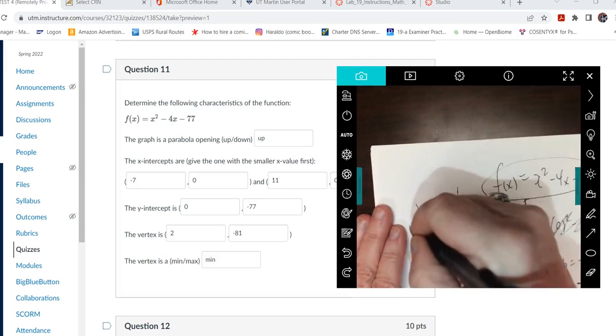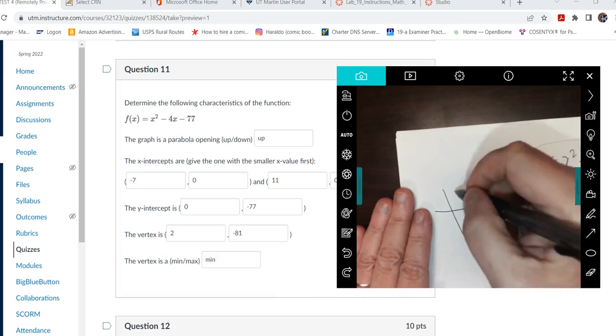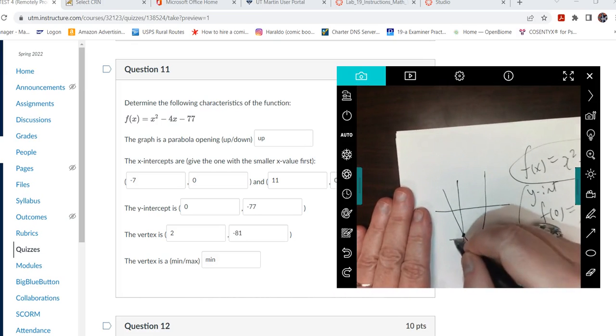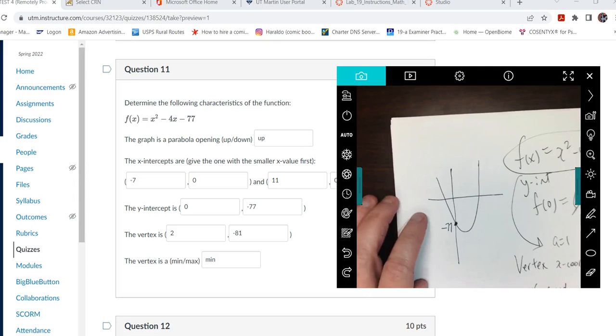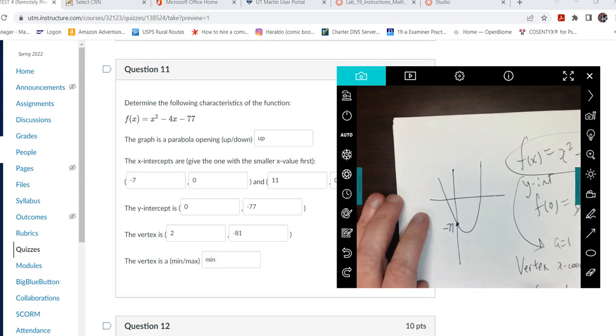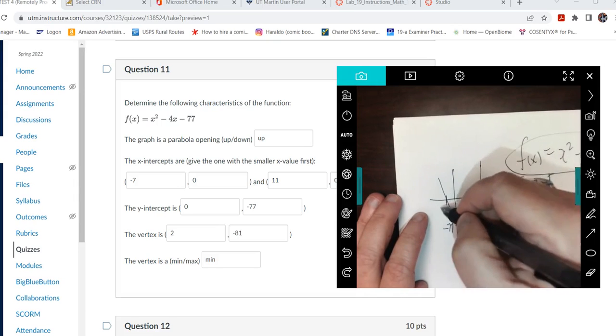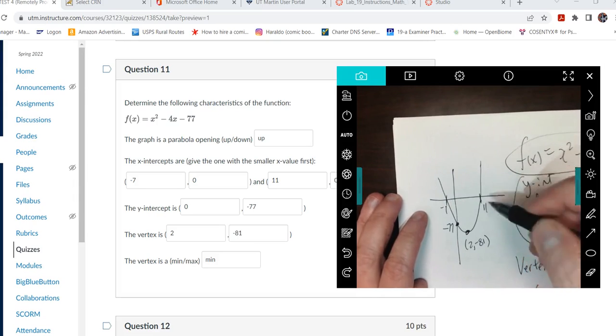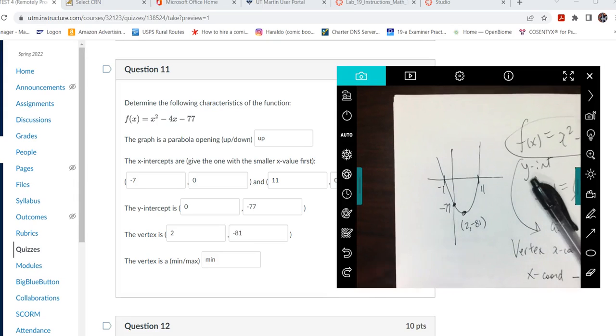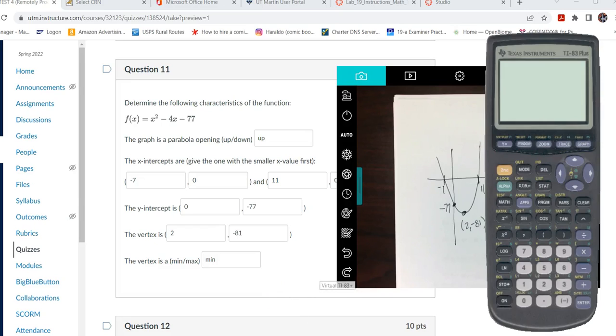It's going to look something like that, and that's the vertex. And then my x-intercepts are going to be at negative 7 and 11. Okay, so we can see the vertex there's a minimum. So let's have a look if I put that in.